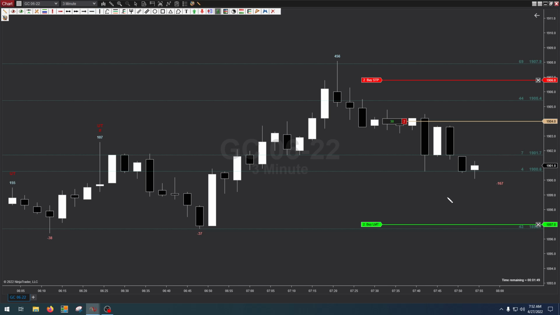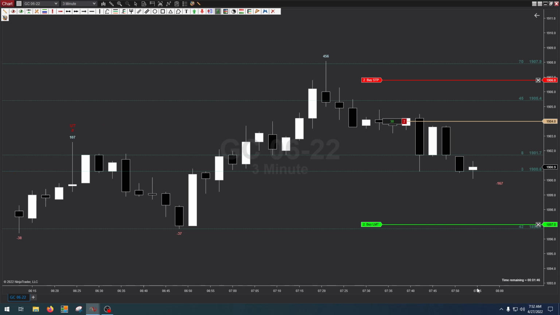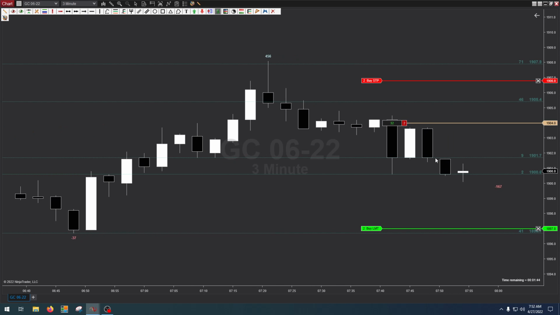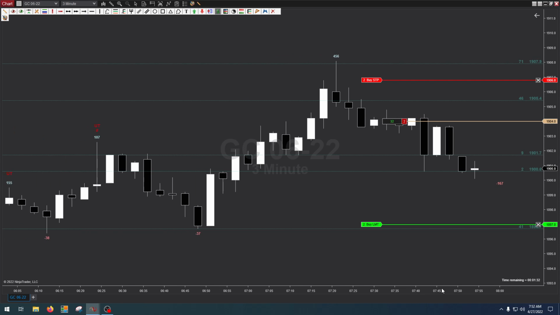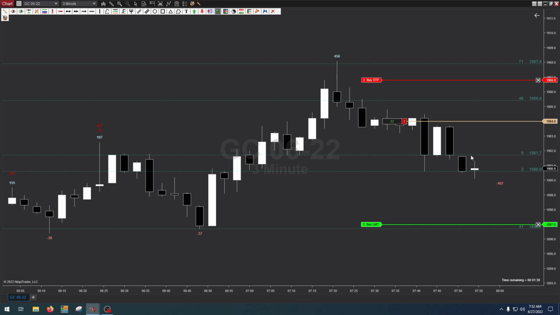Basically what I'm talking about is this candle here closed at one price. The high of this candle here is 1 tick below where this one closed. So that's what I'm talking about. And I'll leave that here for now. We do need to go up and close that.